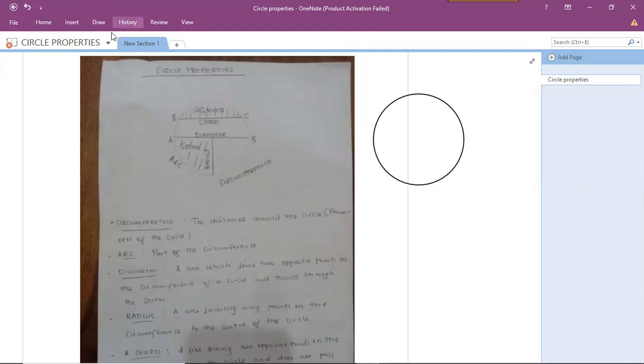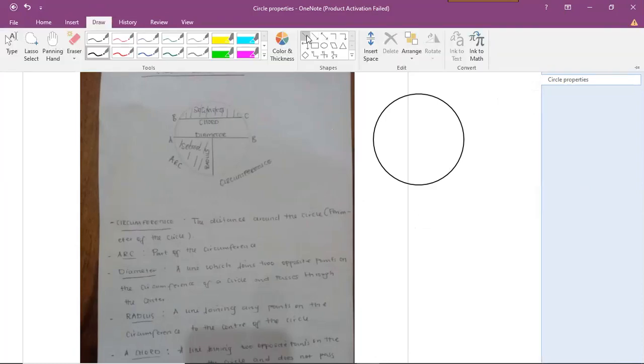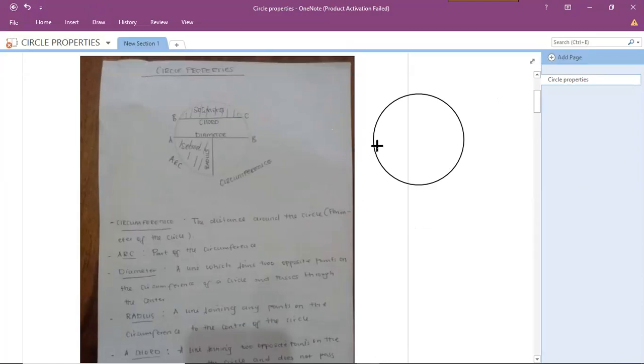So if I were to draw a line here that connects any 2 points on the circumference and passes right straight in the center of the circle, at midpoint, so it's cutting the circle into two distinct halves, this line here is going to be called the diameter.